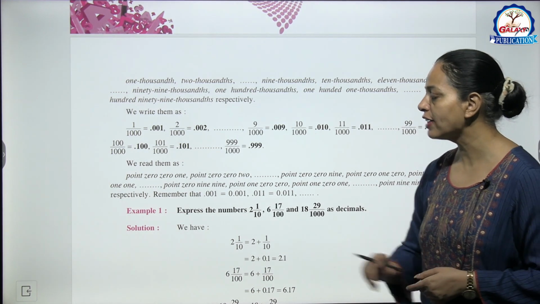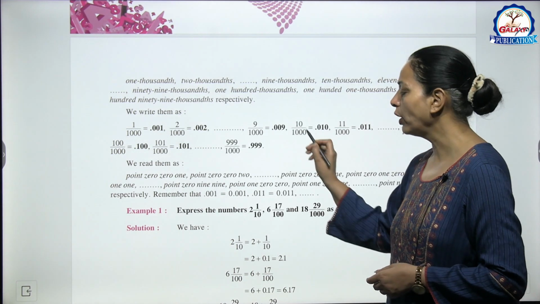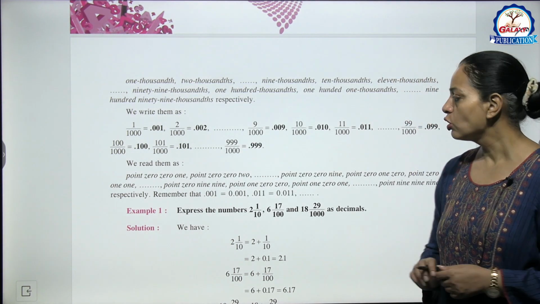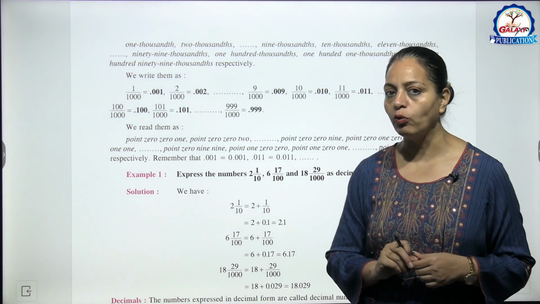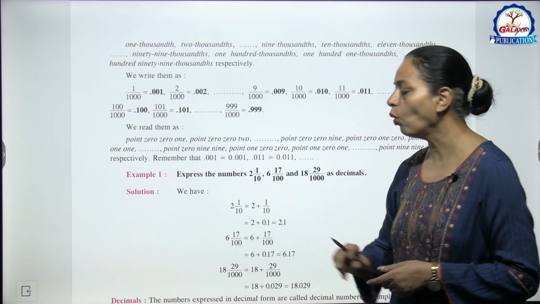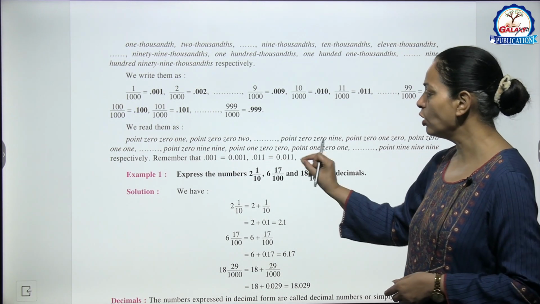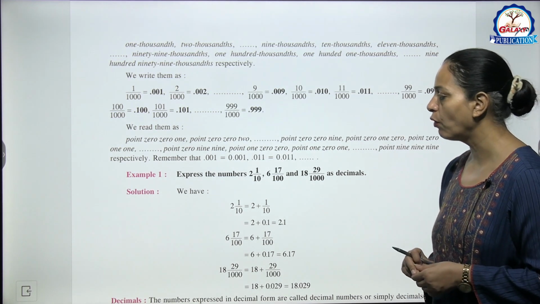So we read them as 0.001, 0.002, 0.009. Okay, so I hope this is clear to you. And 0.001, how can we write? 0.001. 0.011, how can we write? 0.011.